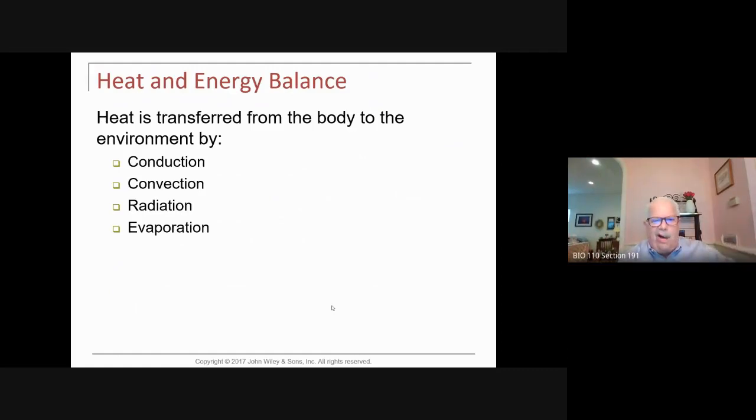There are waves of heat coming through the air. Radiation, the heat transfer basically is from electromagnetic waves. And evaporation is from one solid changing to a liquid and then changing to a gas. So those are the four ways to transfer heat: conduction, convection, radiation, and evaporation.